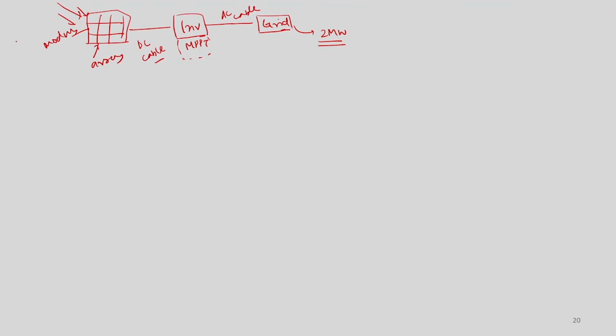Now, this I is given as 800 watt per meter square, and since we have already discussed the expression for operating temperature, T operating is T ambient plus NOCT minus 20 divided by 800 into G, or I, the solar insolation.